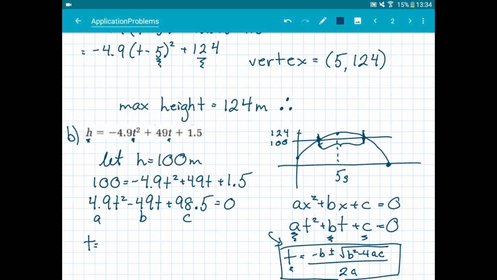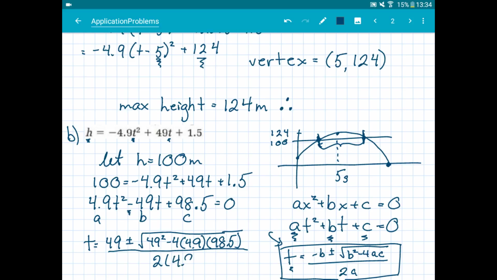So t is equal to minus b, which is going to be 49, because minus minus gives you positive, plus or minus the square root of 49 squared minus 4 times 4.9 times 98.5. You have to divide that by 2 times 4.9.